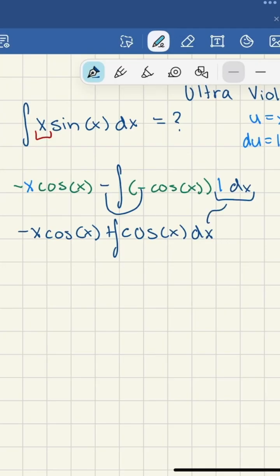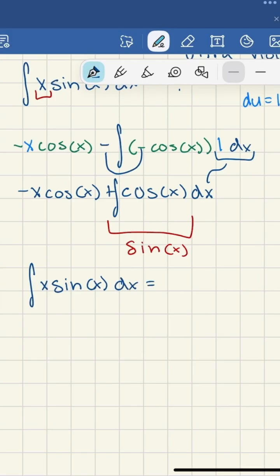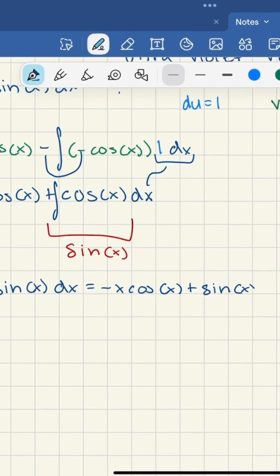The antiderivative of cosine x is sine x. So our final answer is going to be negative x cosine x plus sine x plus c.